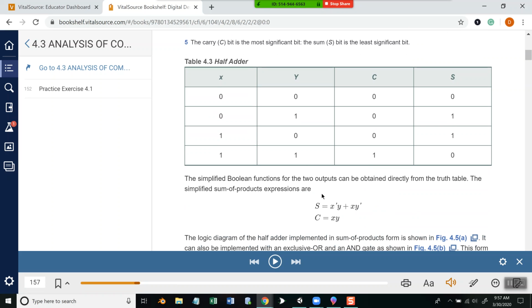Now here, it talks about simplified Boolean functions for the two outputs that can be obtained directly from the truth table. The simplified sum of products forms are given by this.